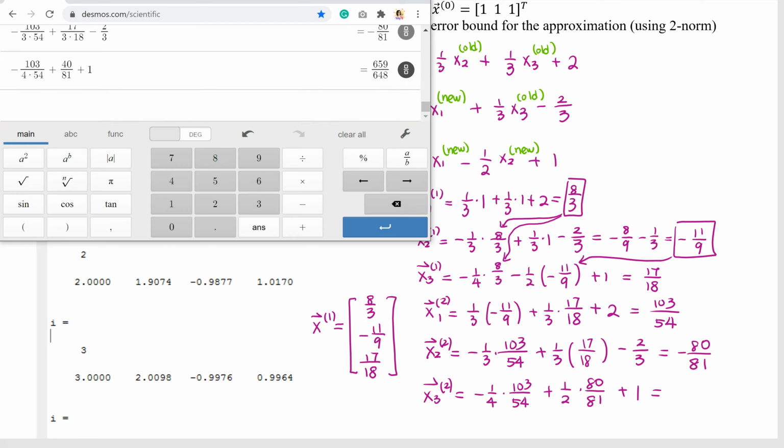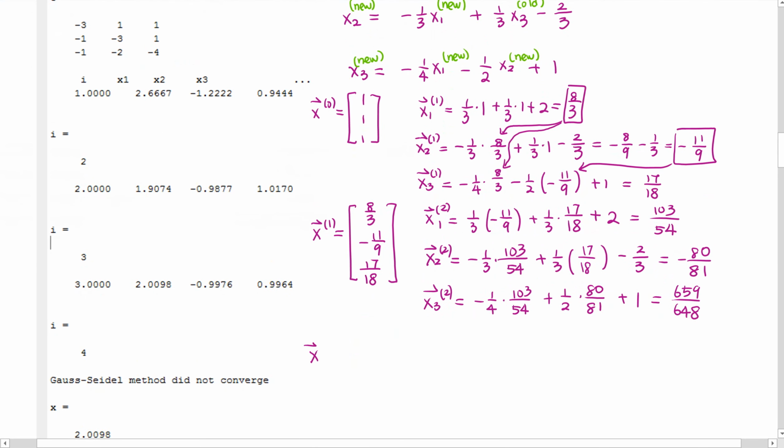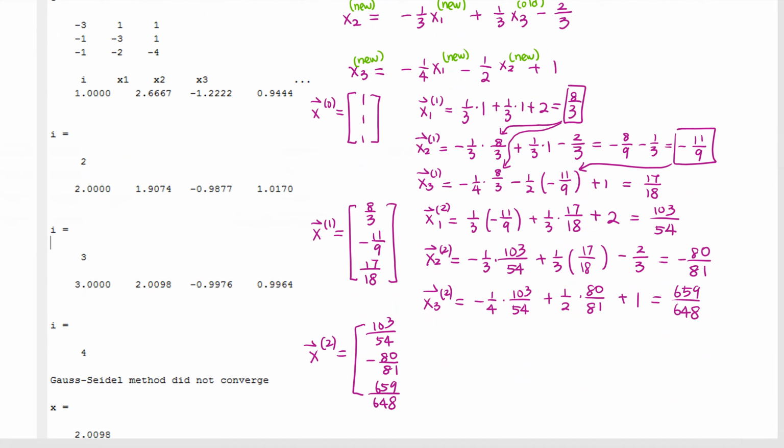So what is that answer? So the answer is 659 over 648. Okay, so our x2 is 103 over 54, minus 80 over 81, and 659 over 648. Okay, so far so good, everybody.